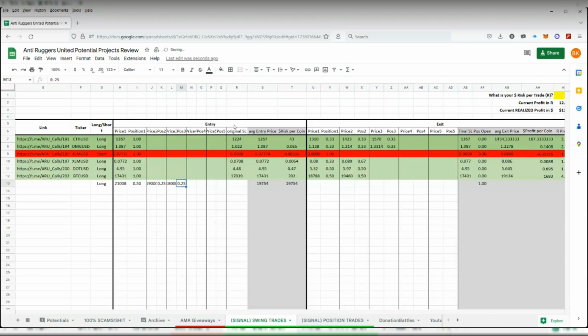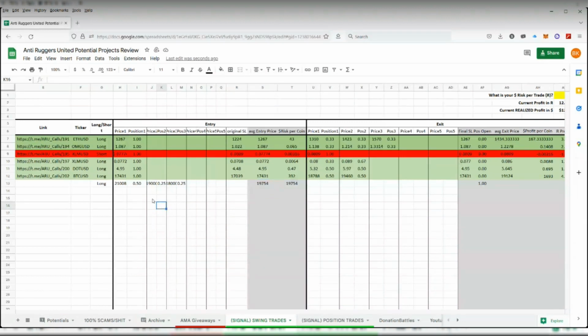All these positions, like these columns with the position, they basically have to add up to 1, because that's the percentage of your trade where you're buying it. So I'm buying 50% of my position at 21,000, 25% at 19,000, and 25% at 18,000. So this actually calculates your average entry price right here. Your average entry price is going to be 19,754.